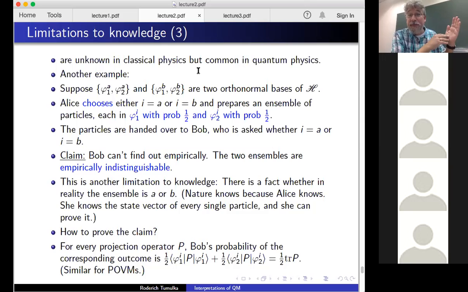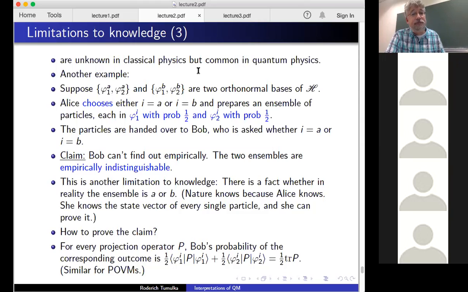If you have Alice's notebook, you can check whether it is correct. According to the rules of quantum mechanics, you can make the prediction, okay, if you measure in this direction, you get result +1 with certainty. You can verify that Alice's notes are correct.